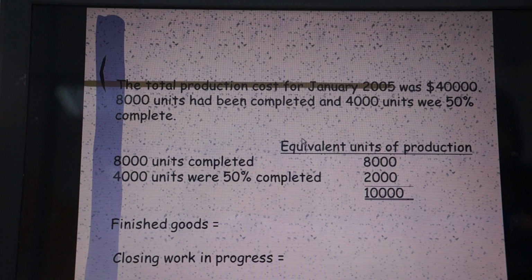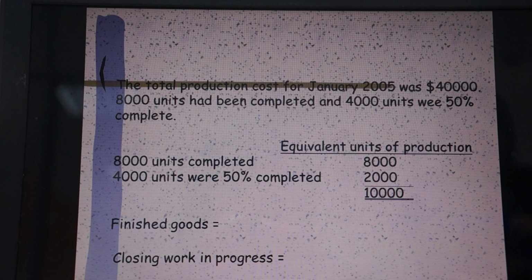So the equivalent units of production for the 8,000 units completed, or unit setara, is 8,000 units. 4,000 units were 50% completed, so the equivalent unit is only 2,000 units. So altogether we have 10,000 equivalent units.